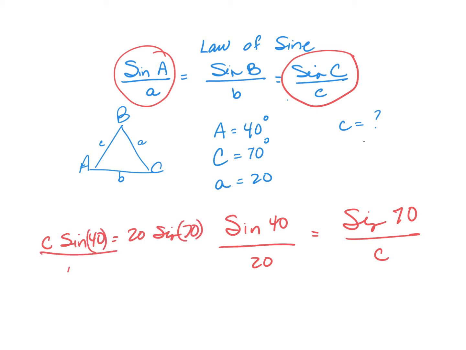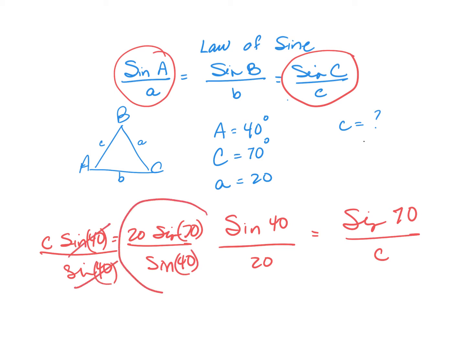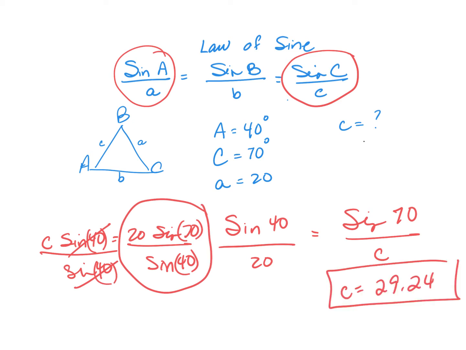And we're going to divide by sine of 40 to leave the c alone. I recommend that you write this out and get it ready for the calculator before you use your calculator. So everybody put this in your calculator, and you can find what little c is. If the unit is in inches, it would be in inches, but when you cross multiply and leave the little c alone, you get 29.24.